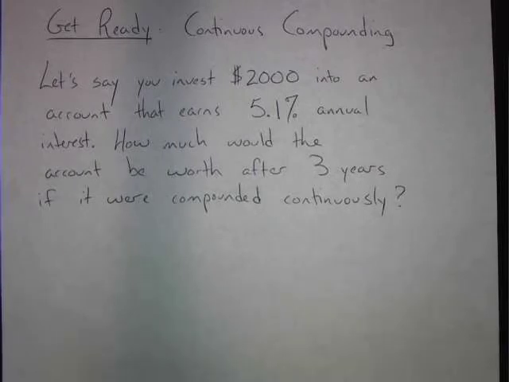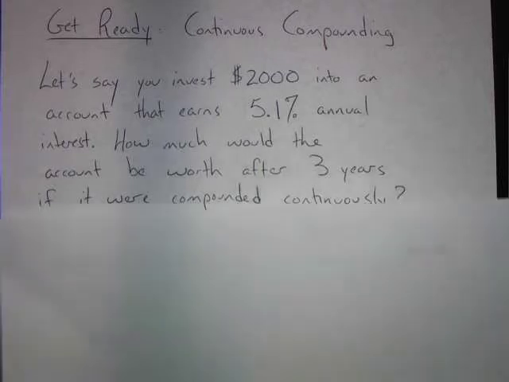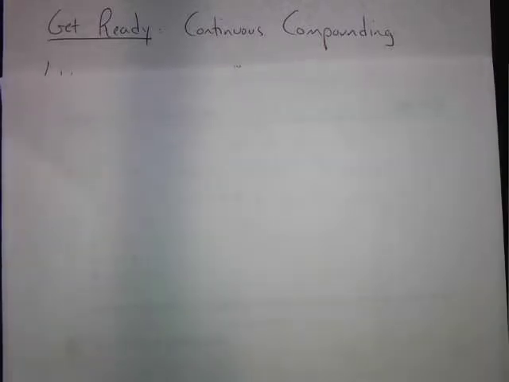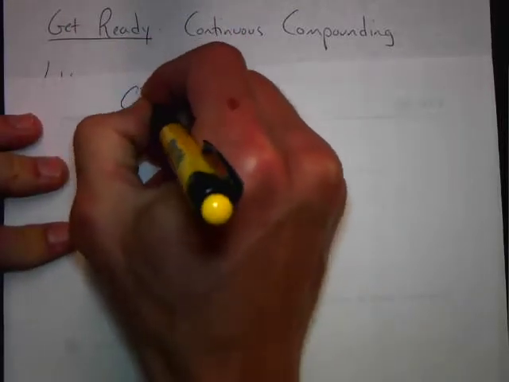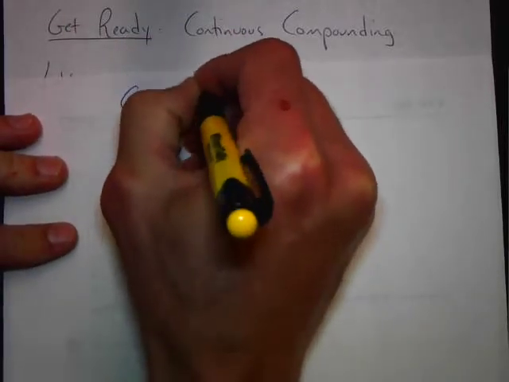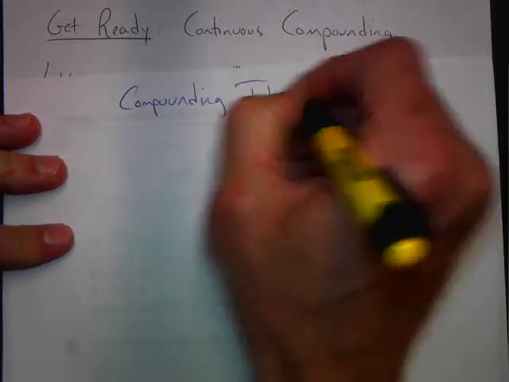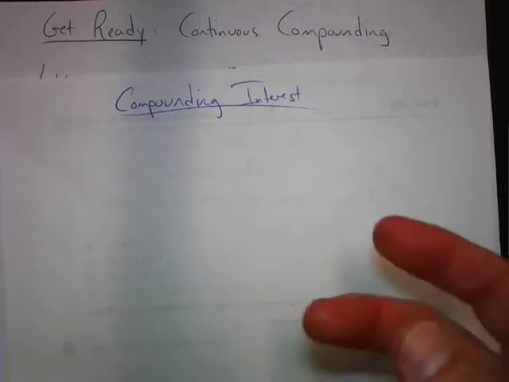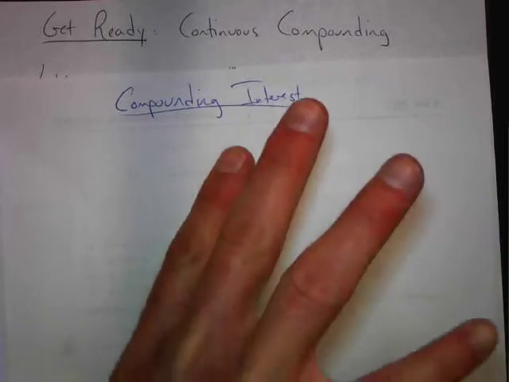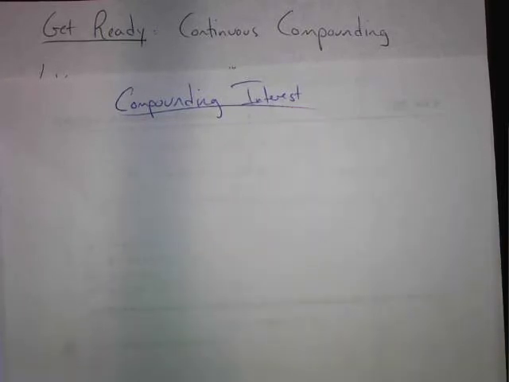Anywho, we get into this concept of compounding interest. That is when an account is able to take interest and basically reinvest it, or more applicably, recharge it, and then build more interest on top of the interest that's already being built.